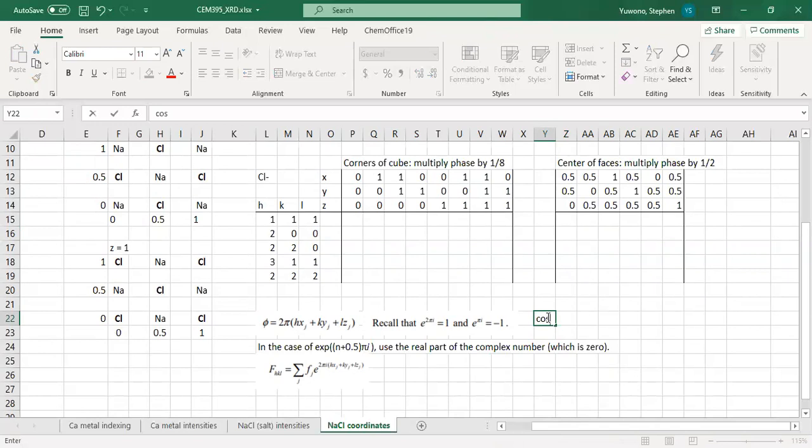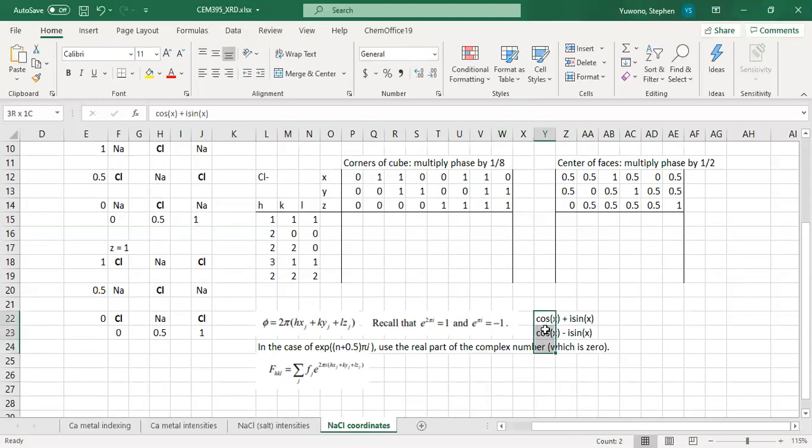If I have e to the ix, I can write it as cosine x plus i times sine x, where i is the imaginary number. And if I have e to the minus ix, I can have it as cosine x minus i sine x, right?